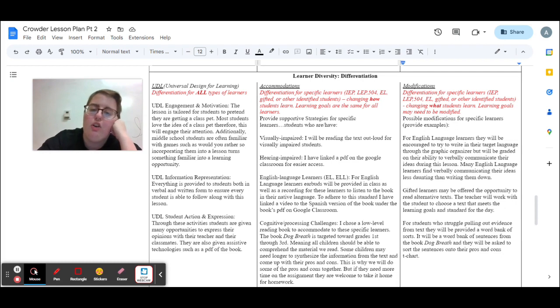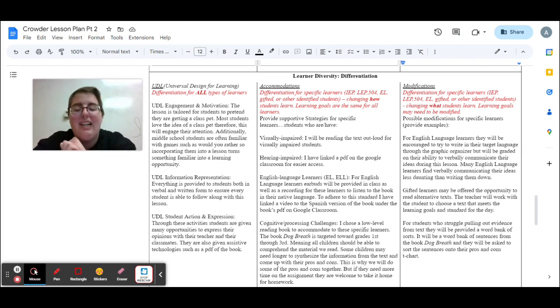Accommodations. For visually impaired students, I will be reading the text out loud. I also have the book linked in PDF form for anyone who has hearing issues or a hearing impairment. And then for my English language learners, I have a link commented on the PDF that's the audiobook in Spanish.